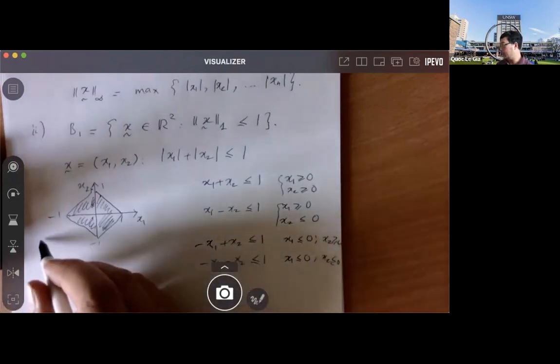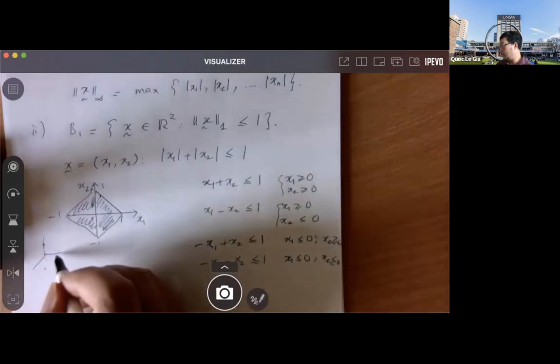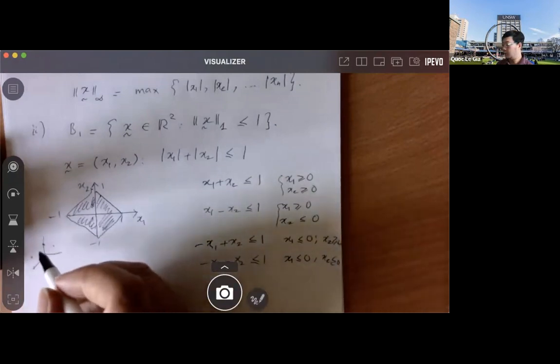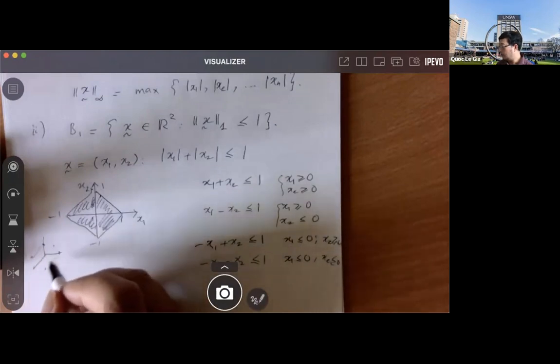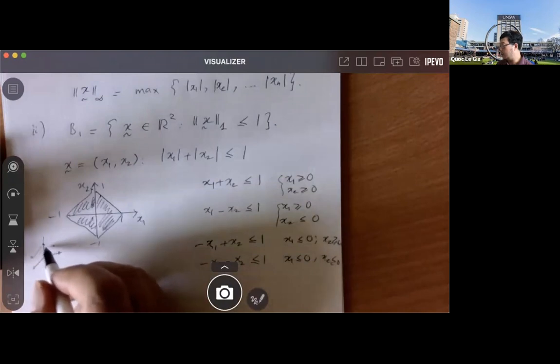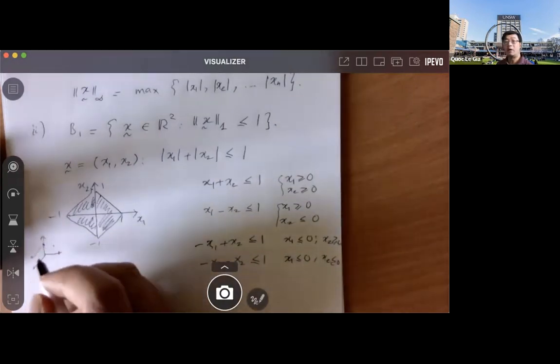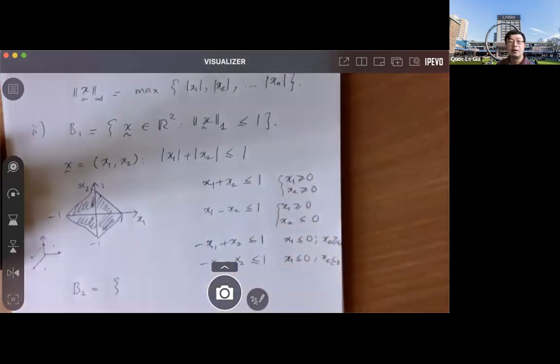Yeah? So in R3, it looks like something like, well, you have to make all the vertices here like this. It's a bit hard to visualize, yeah. But then you connect the dots, yeah. So it will be, I'm not a very good painter in R3.